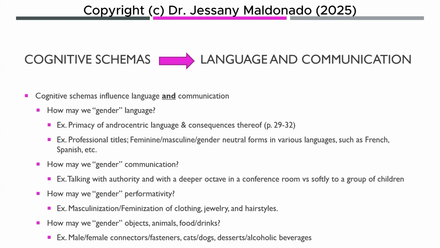Think about how we gender objects, animals, and food. Cats are often associated with femininity and dogs with masculinity, due to the abilities of these different types of animals. Cats are socially constructed as being soft and sweet, whereas dogs are socially constructed as also sweet, but also functional for outside activities such as sporting, hunting, and playing rough games.